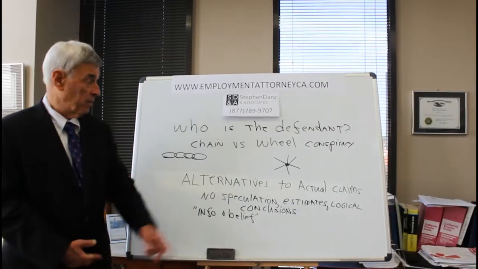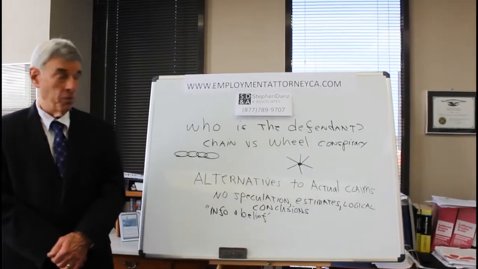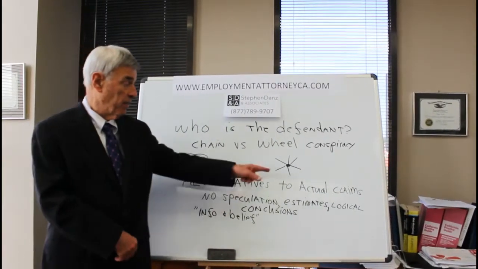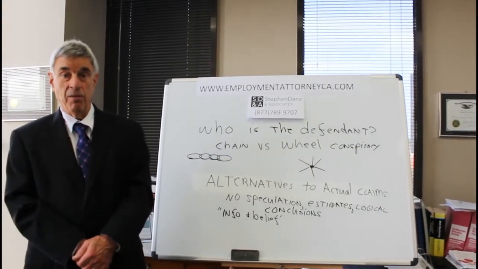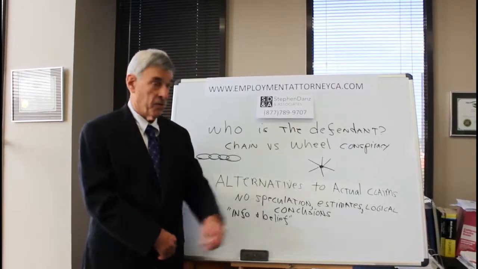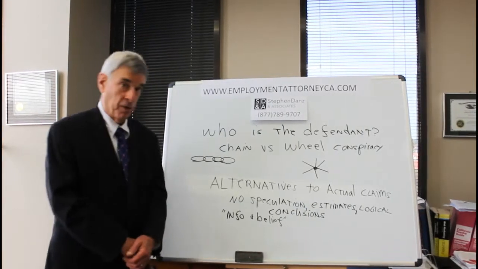Under that analysis, if you put the defendant in the center of the hub and the wheel as the hub, then it's not necessary to identify each and every defendant on the edge of the wheel, because the scheme is complete as to whether or not it was to even one particular conspirator.